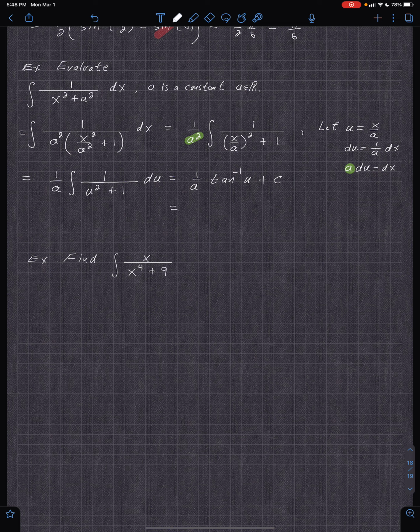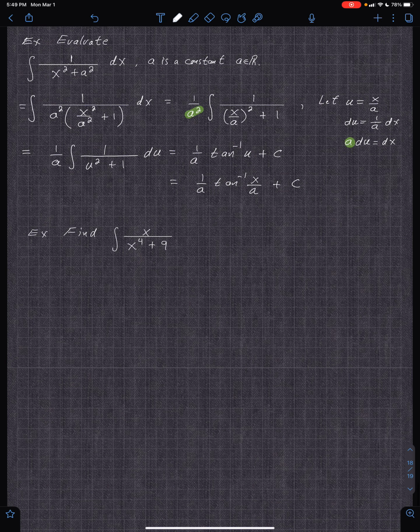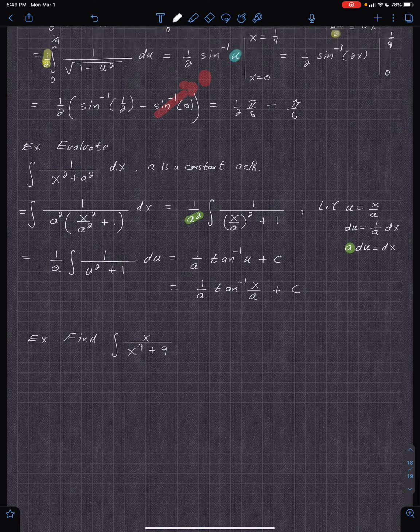I almost forgot that. So you want to say 1 over a, and then that is tan inverse of, and then what was u? That was x over a plus c. And so that is actually the integral formula we use, is really that form.